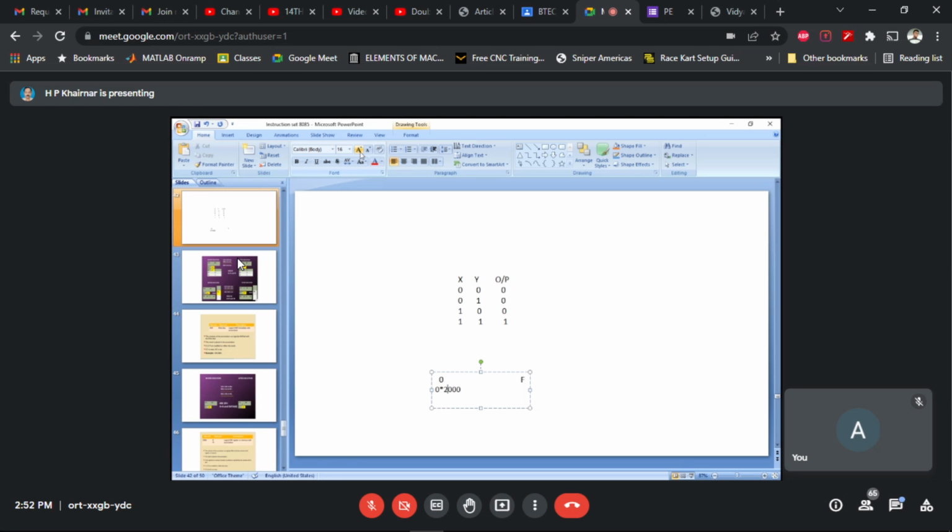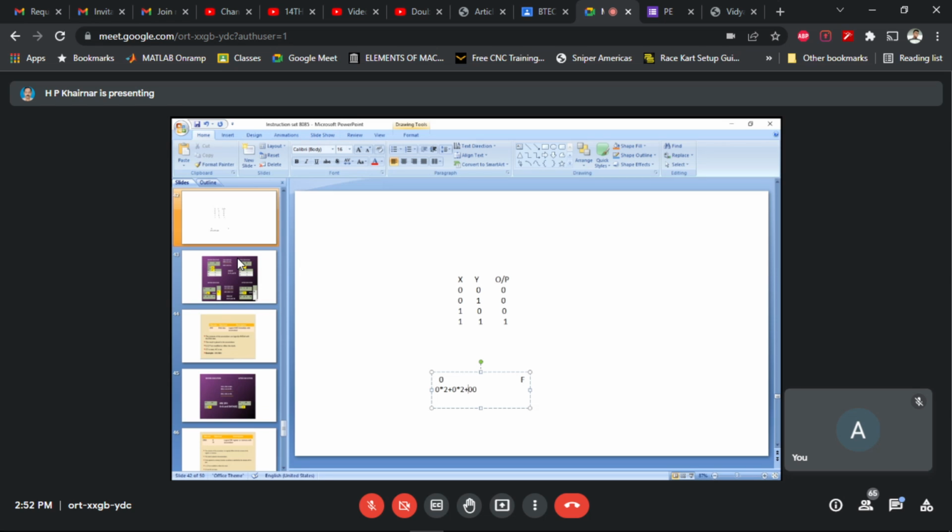So this will be 2 raised to 3 plus 0 into 2 raised to 2. This will be 2 raised to 2. I'm just mentioning it over here.